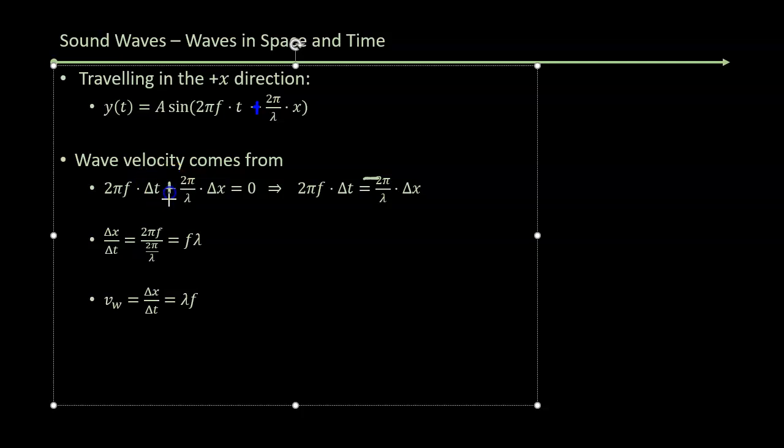Because this would be plus. That's plus. That's minus. The minus is still over here. And so you've got your wave velocity is minus lambda f, or negative. And that just tells us that the wave is headed in the minus x direction.